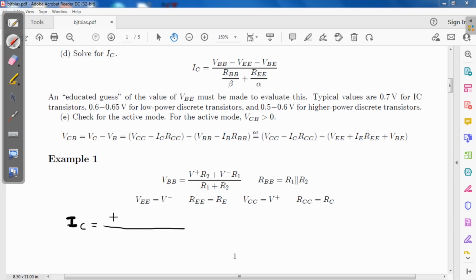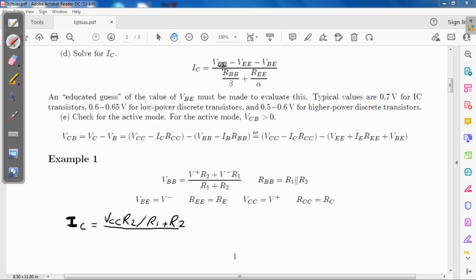V plus is VCC, so VBB is VCC times R2 plus nothing, because V minus is 0, divided by R1 plus R2.